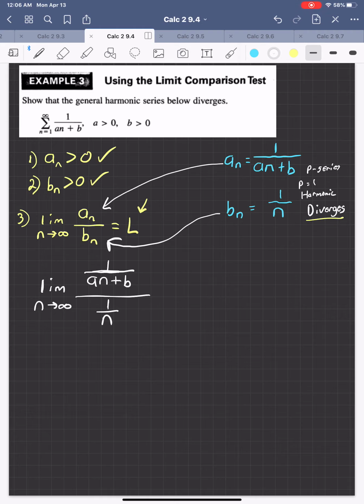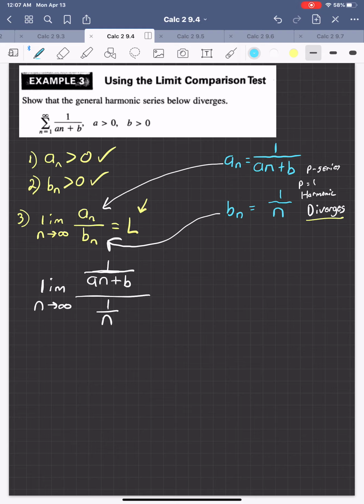So what I'm going to do in this particular case is rewrite this. Let's see, how do we want to do this? First off, you might want to get rid of this complex fraction.